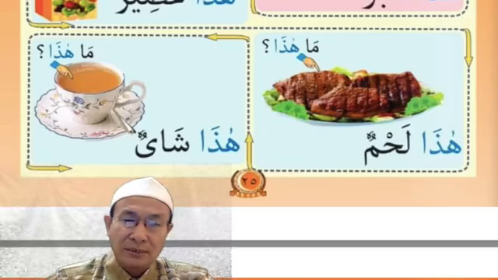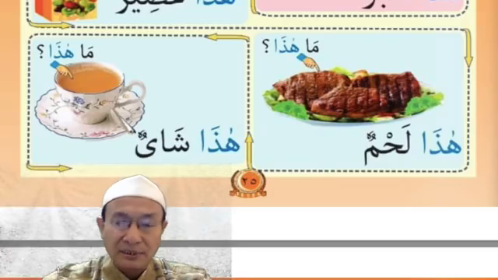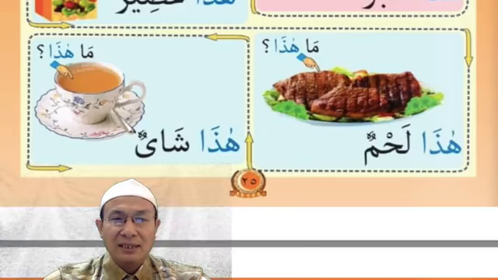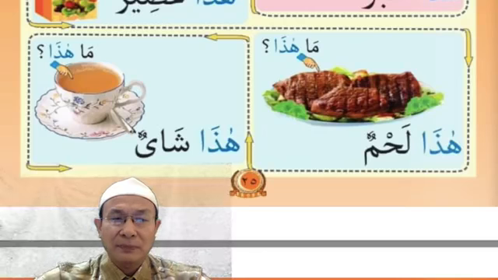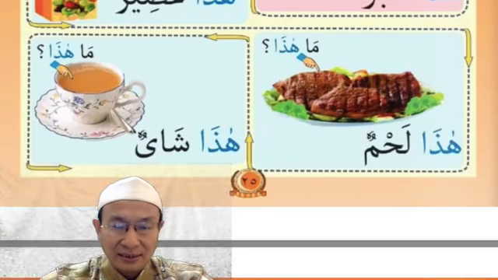What is this? Ma, what is? Hadha, this. Ma hadha. What is this? Hadha shayun. Hadha shayun. This is tea.